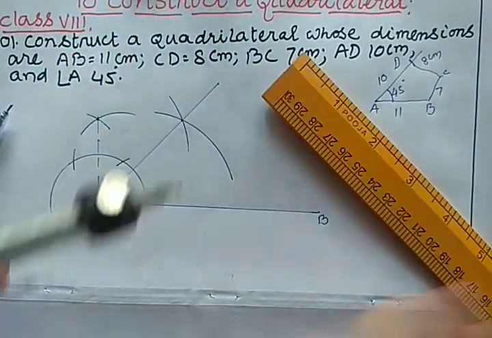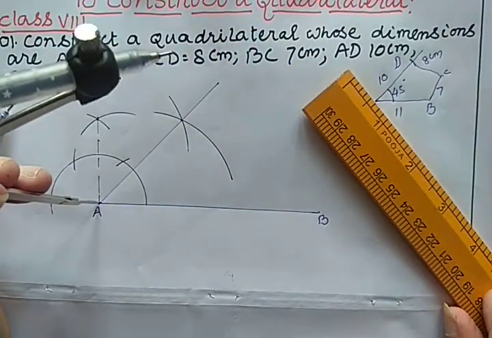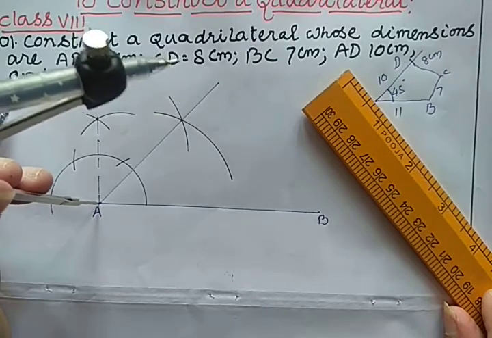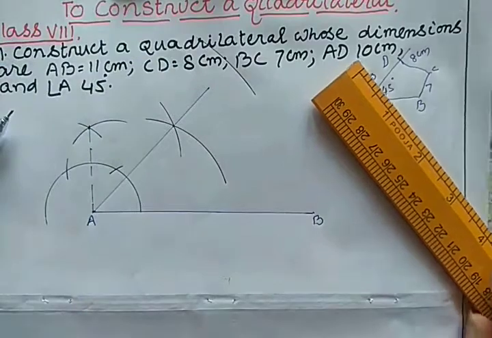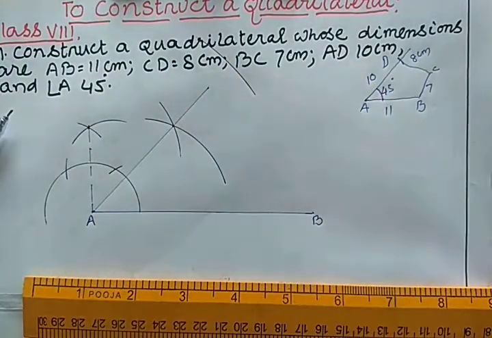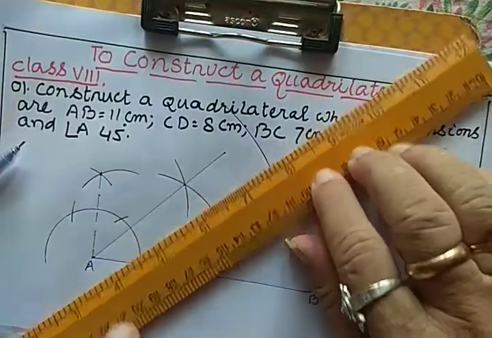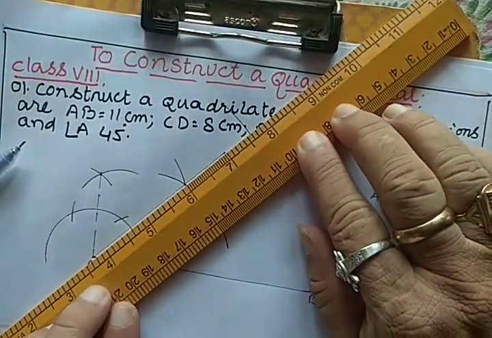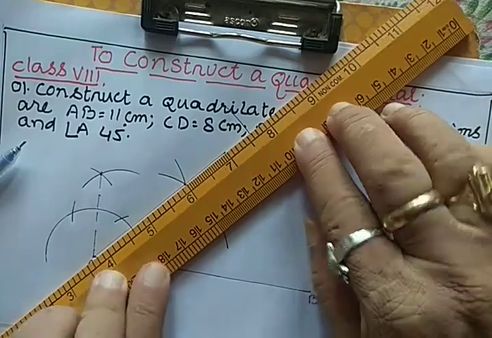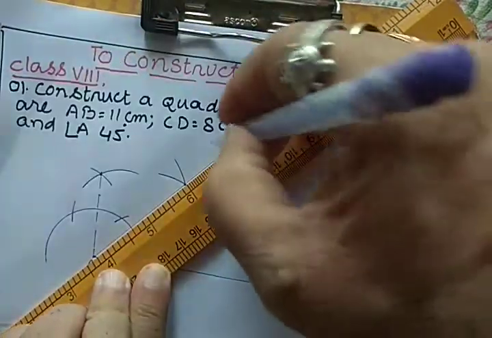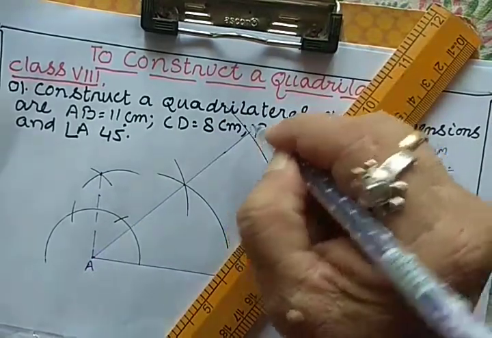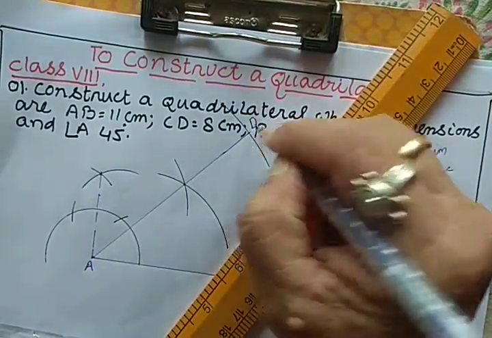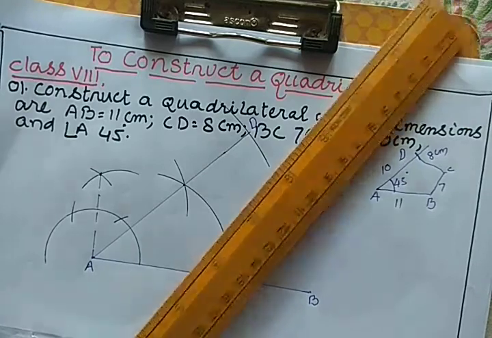And from here I cut like this. So now I have to extend this line because it is not touched. So this point will be your D.